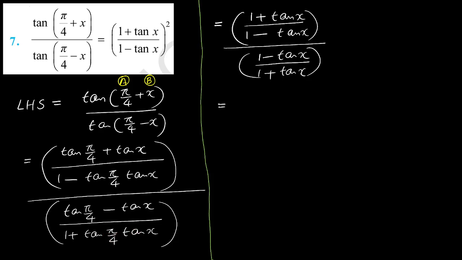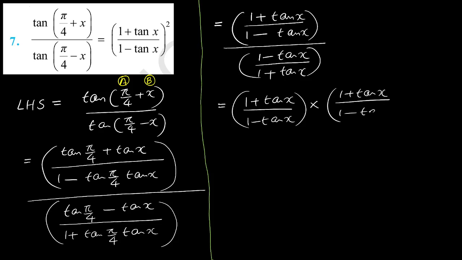So how will you do the division? Multiply with the reciprocal of the denominator. How will you do the division of two fractions? Multiply with the reciprocal of the denominator. Studied in the lower classes. The reciprocal of the denominator is (1 plus tan x) by (1 minus tan x).